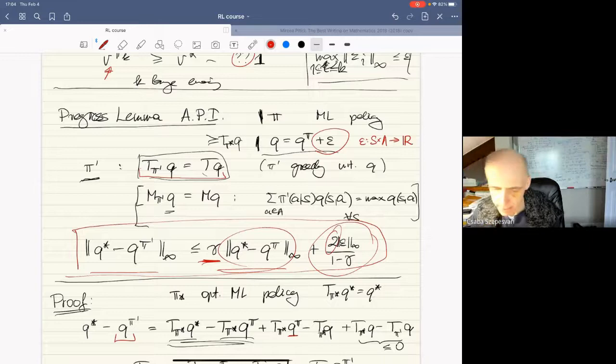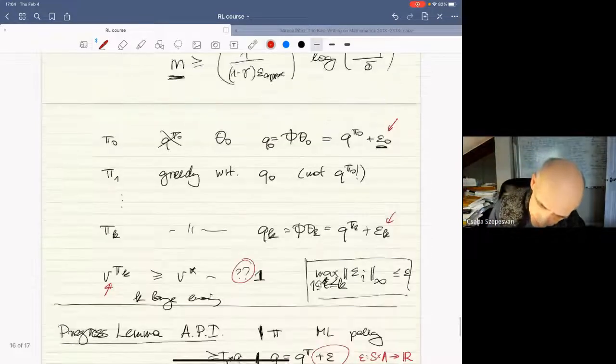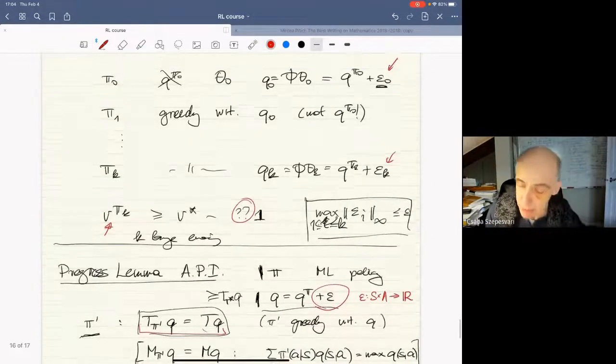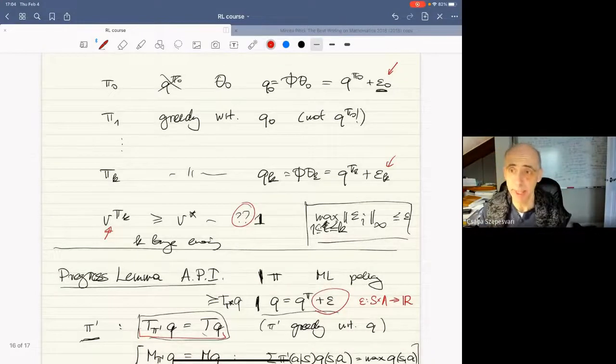Okay. And then what remains is to put everything together and state what we can have, which is that in every iteration, we're going to control the maximum errors.